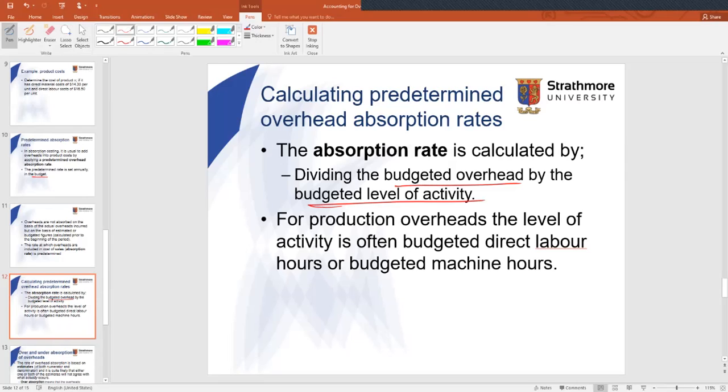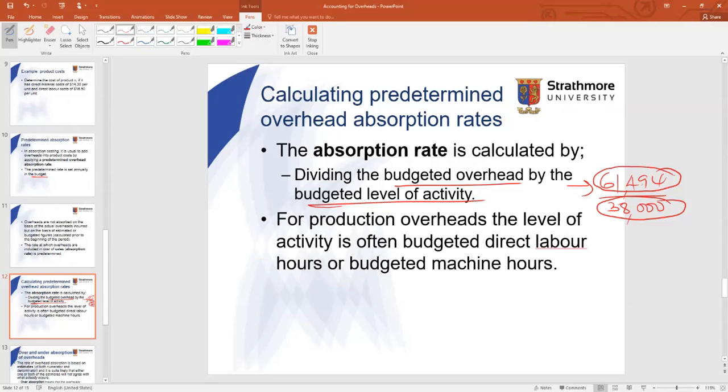For example, we got 61,494, divided by, I can't remember now, maybe 30,000 machine hours. So this is the overhead, and we divide by the activity, in this case the machine hours. That's how we obtain the absorption rate: the budgeted overhead divided by the budgeted activity level.